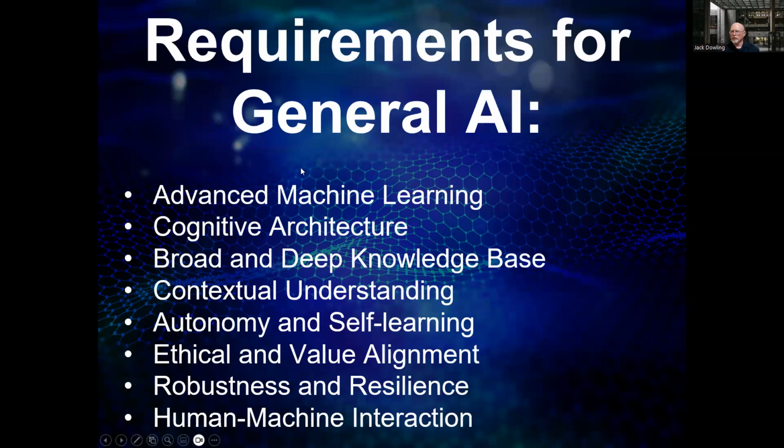The requirements for general AI, the AGI, is it's going to require highly advanced machine learning techniques that can learn from a wide variety of data sources. That's going to include unstructured and unsupervised data. I'm going to get into all that in detail later on, but it'll need to exhibit strong generalization capabilities, allowing it to apply knowledge gained in one domain to new and unfamiliar tasks.